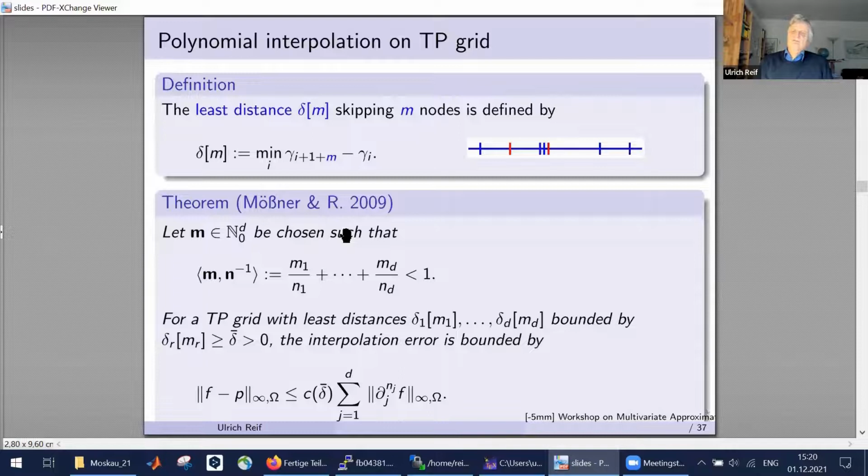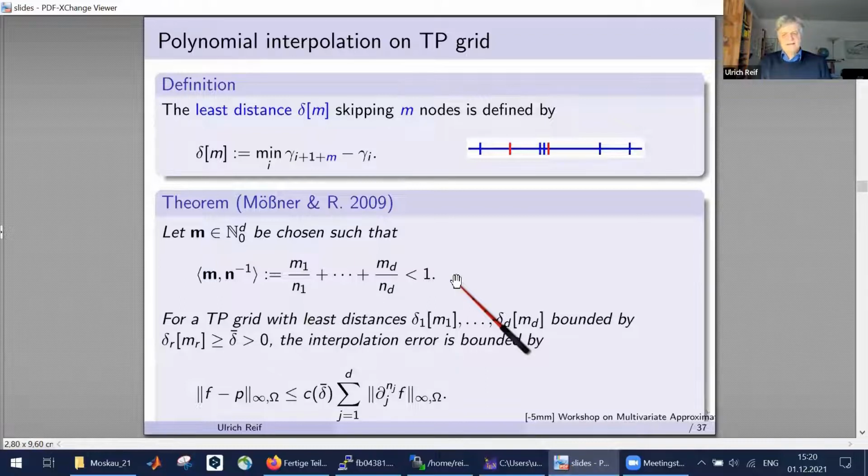This is used in the following way for a theorem. Given is n, the vector of coordinate degrees. And now you can choose some vector m of integers, but such that it's in a sense not greater than n. So the sum of these ratios has to be strictly less than 1.